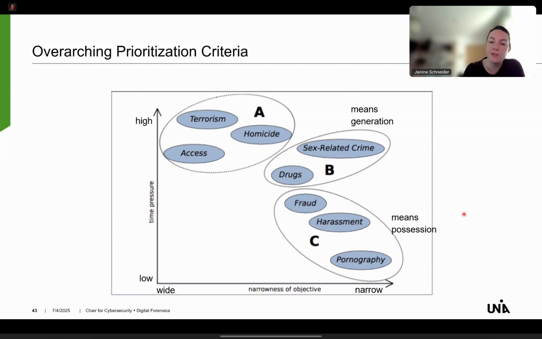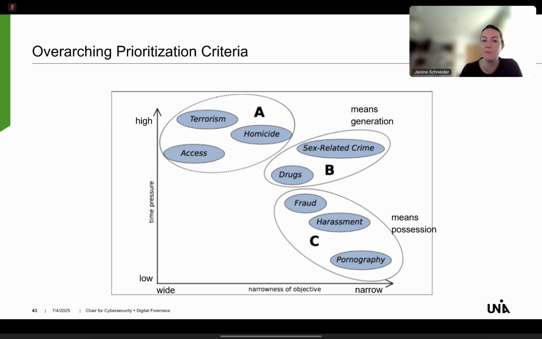This picture or this graph actually aims to help with prioritizing what to do. But the thing is, there are hardly any meaningful prioritization criteria. For example, when we look at terrorism, we don't know what is planned, and therefore we don't know what to look for.